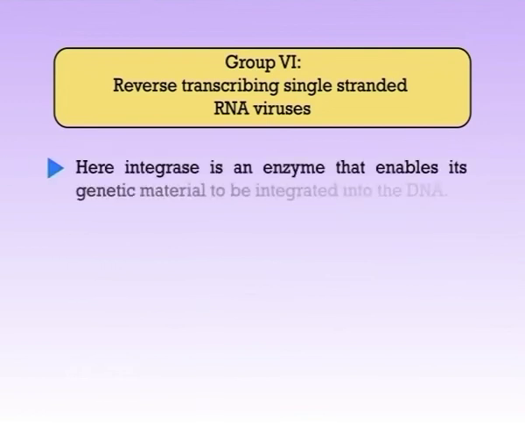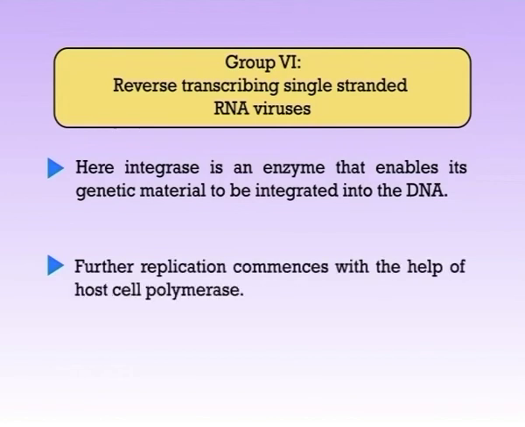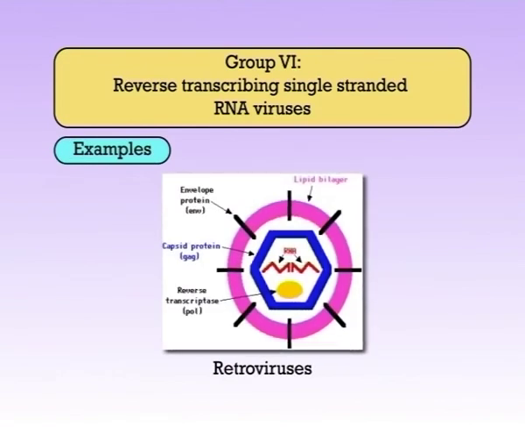Here, integrase is an enzyme that enables the genetic material to be integrated into the DNA. Then further, replication commences with the help of host cell polymerase. The retroviruses are the example of this group of viruses.